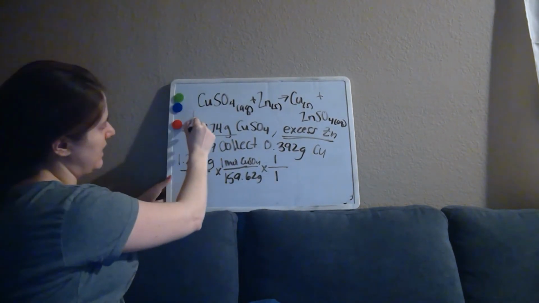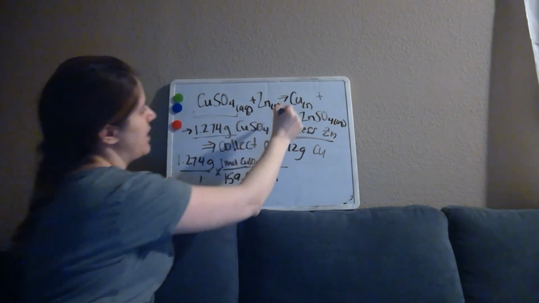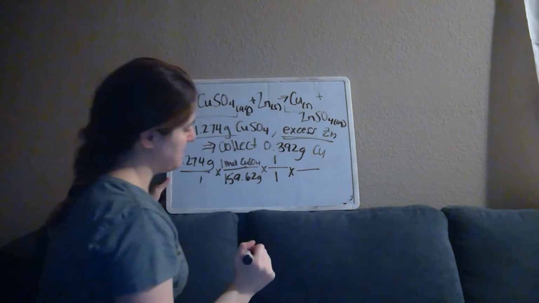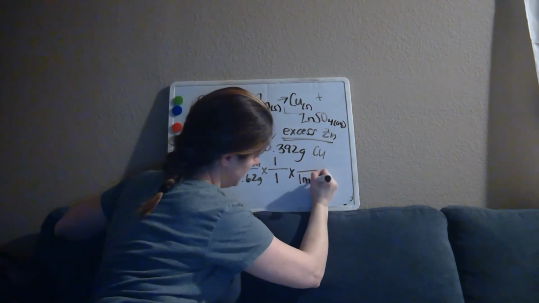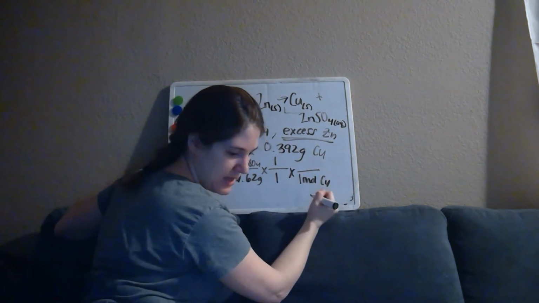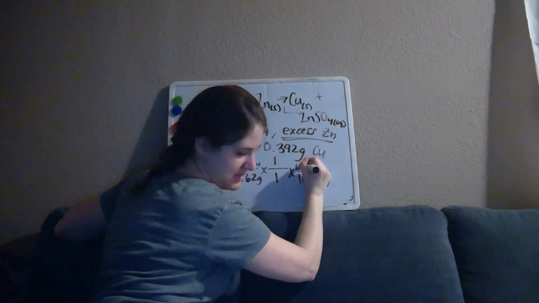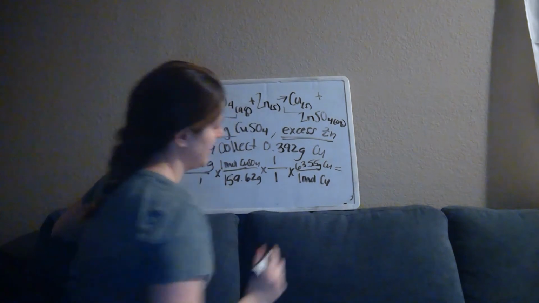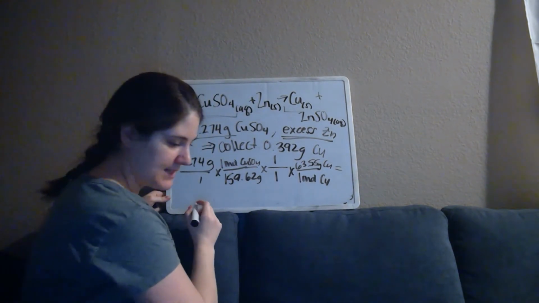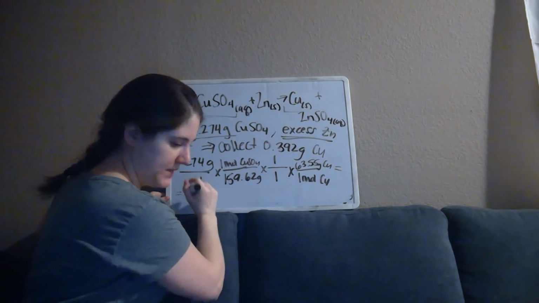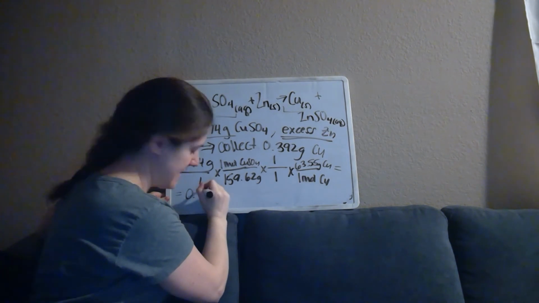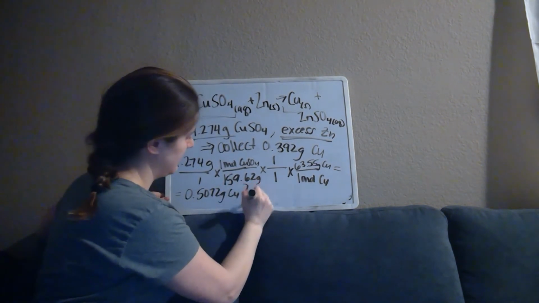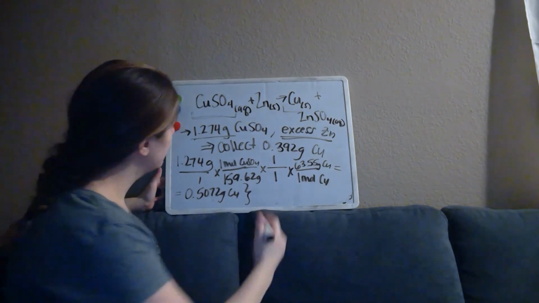For every 1 mole of copper sulfate, you generate 1 mole of solid copper, and then get to mass of copper. So for every 1 mole of copper, it is 63.55 grams of copper. And you do that math, you will get that the theoretical yield is 0.5072 grams of copper.